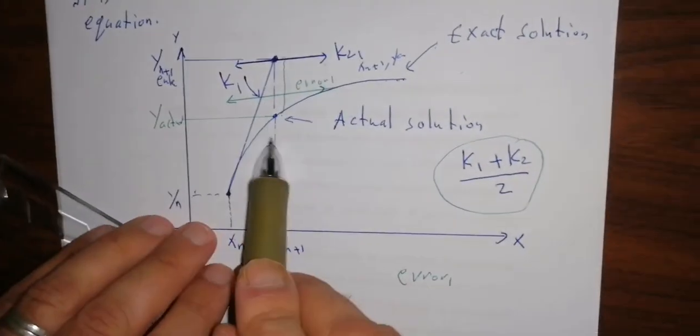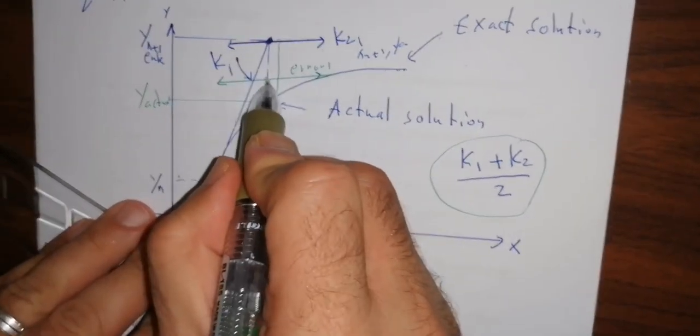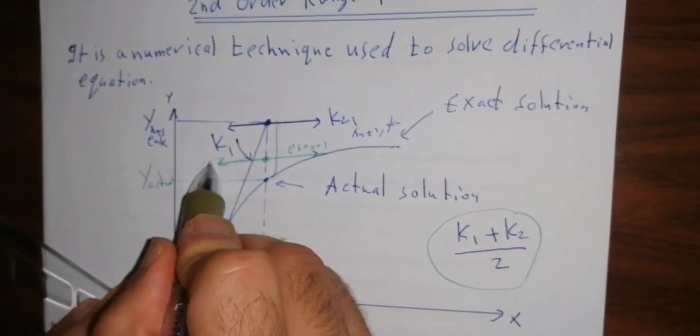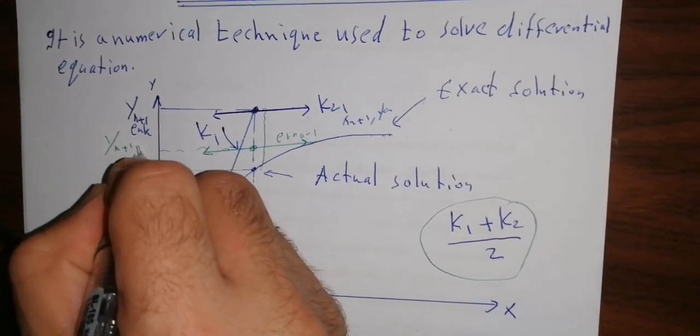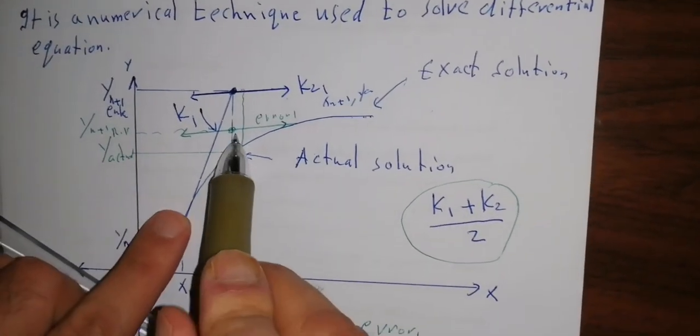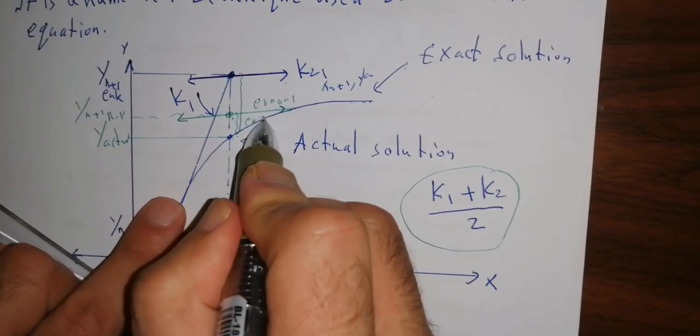What am I going to do here? Reduce the error between y Runge and y actual. You see, this is error 2.